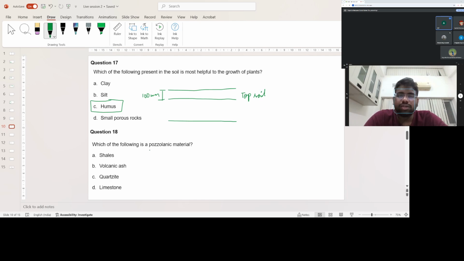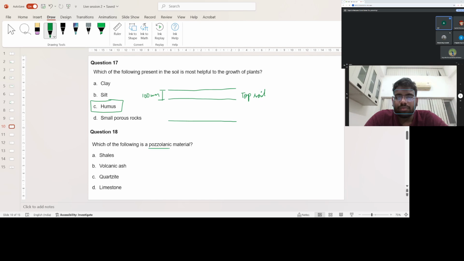That's why these are favored in cement manufacturing and in several other industries where cementitious materials are needed.